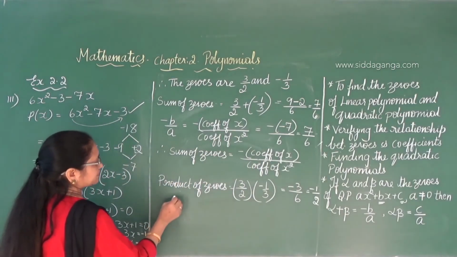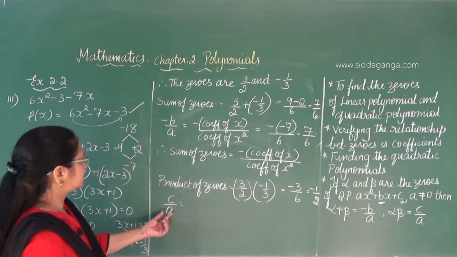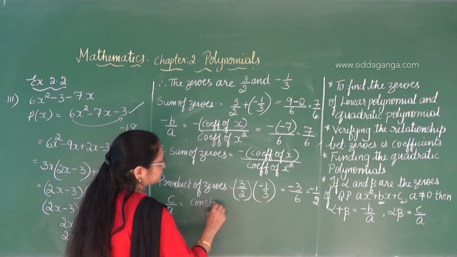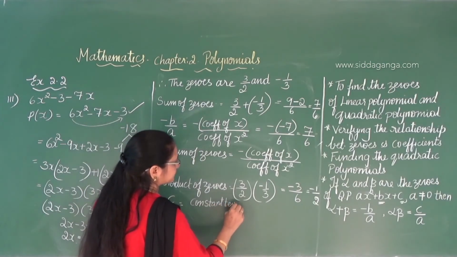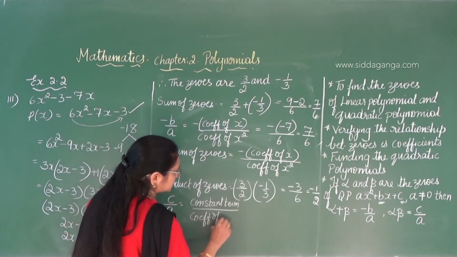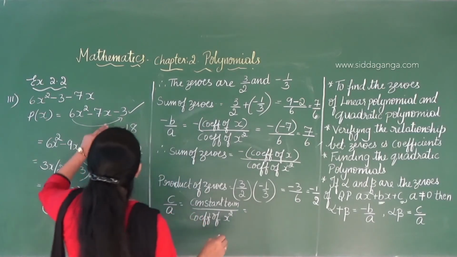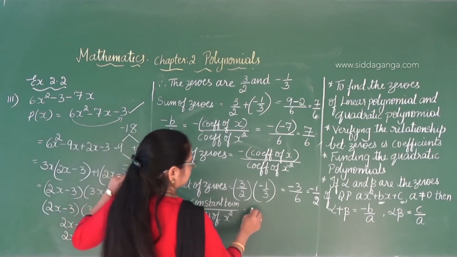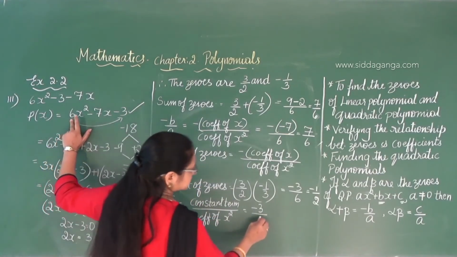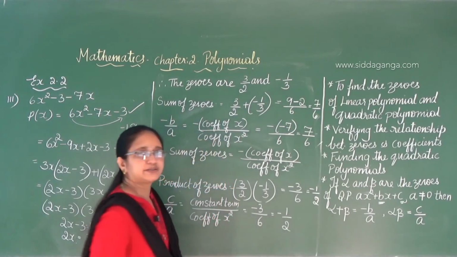Now find out c by a. When you write c by a, it is the constant term divided by coefficient of x square. Now what is the constant term here? Minus 3. Minus 3 divided by coefficient of x square, which is 6. Of course, you will get minus 1 by 2.